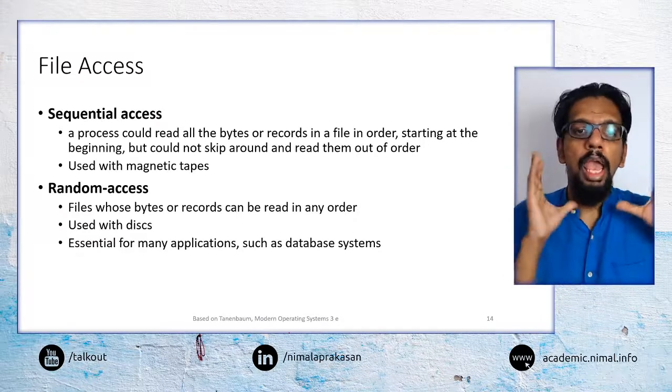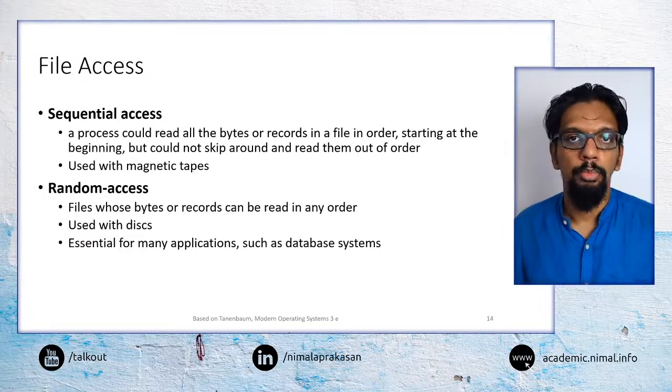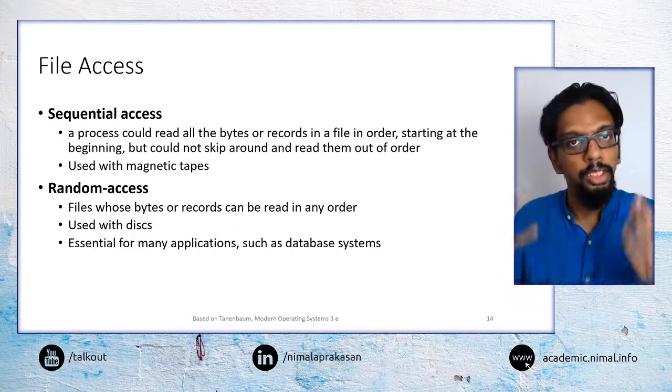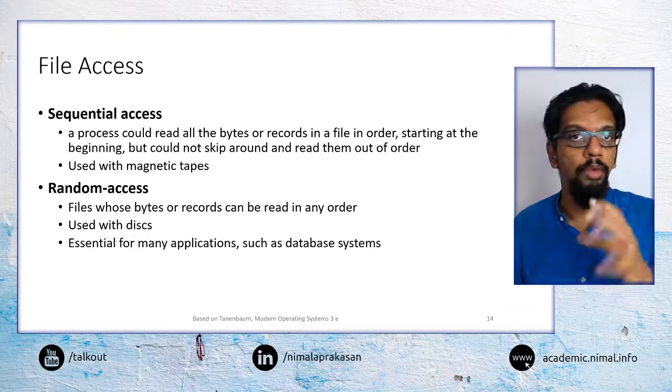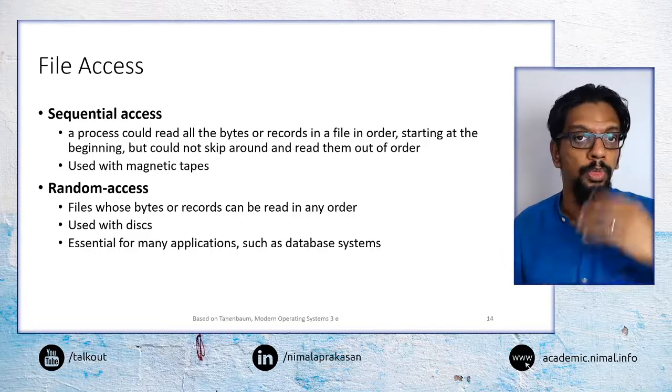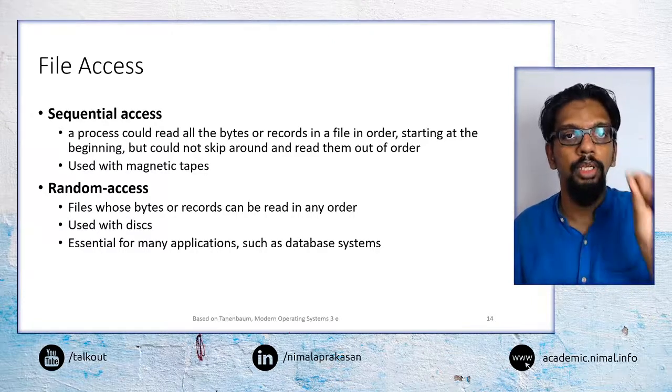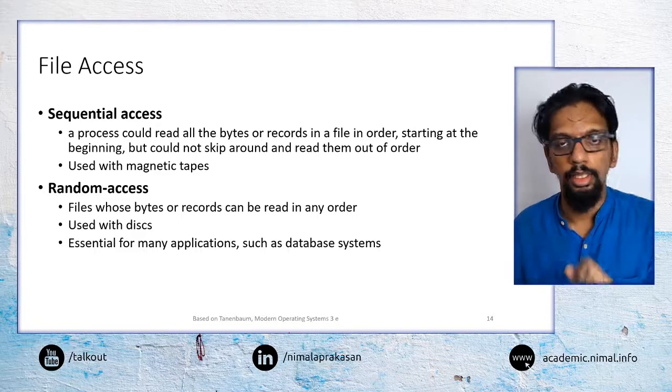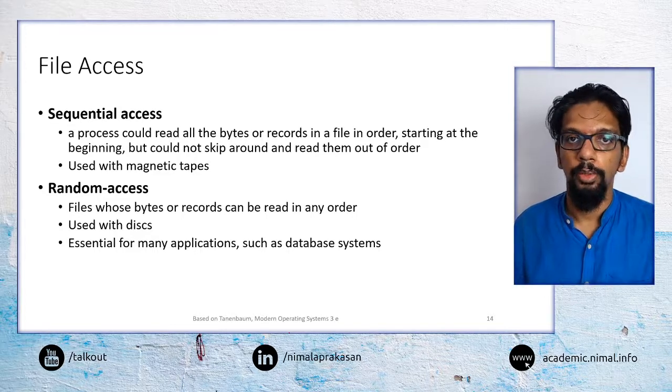So once we have these files in a storage, we have this concept of files now, and we also have the concept of directories and so on. And with some properties of files, we can also specify who has access.